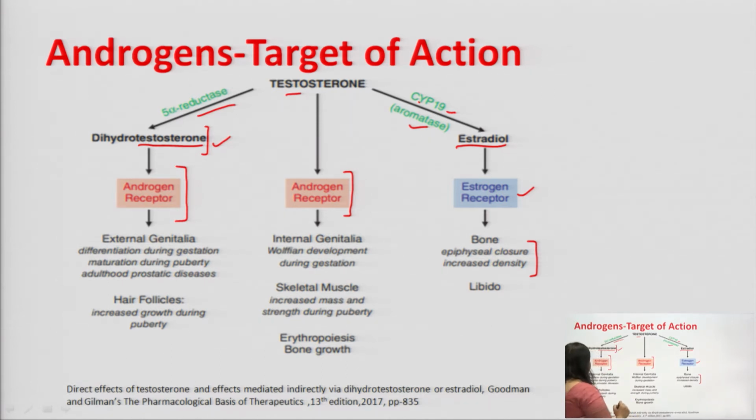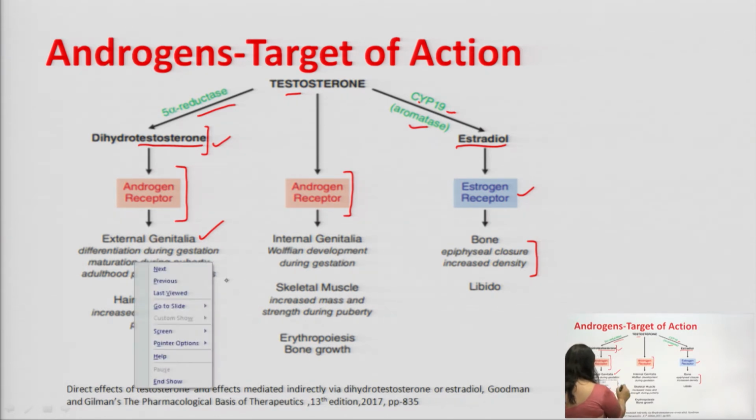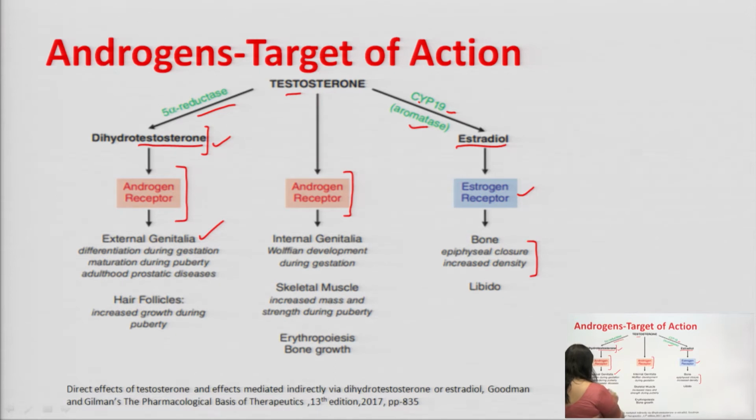So what actions are produced by dihydrotestosterone? By acting on the androgen receptor, it acts on the external genitalia, so these organs mature during puberty. The growth of hair follicles also occurs during puberty, and this action is generated by dihydrotestosterone acting on the androgen receptors.